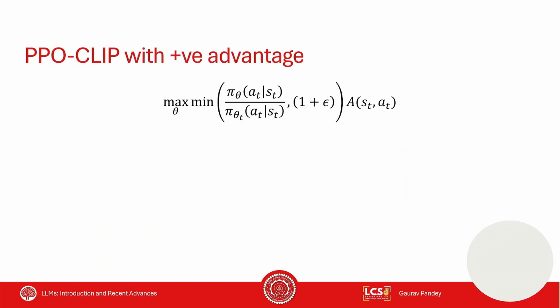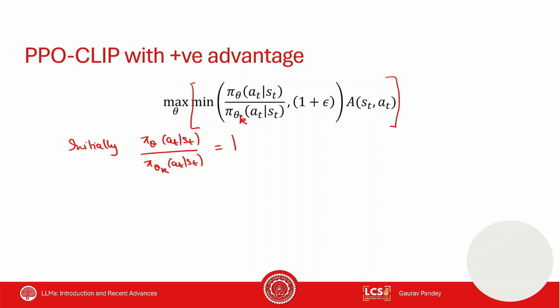So let's look at when we have positive advantage. When advantage is positive, that means this quantity will increase if you are maximizing. Initially, this ratio is 1. The importance weight, pi theta of AT given ST over pi theta k of AT given ST, is equal to 1 at the beginning of training, because you initialize theta with theta k.